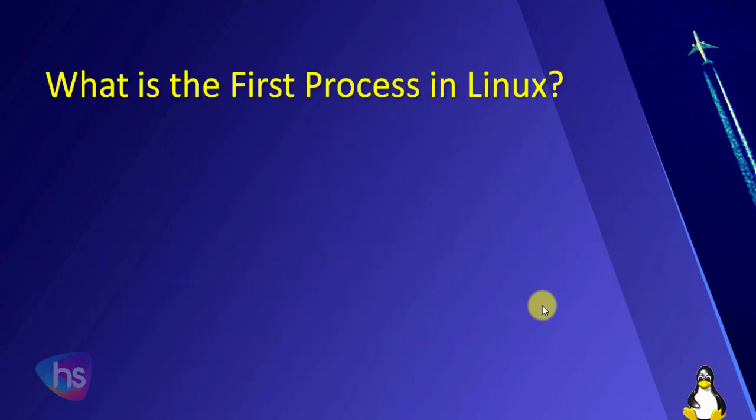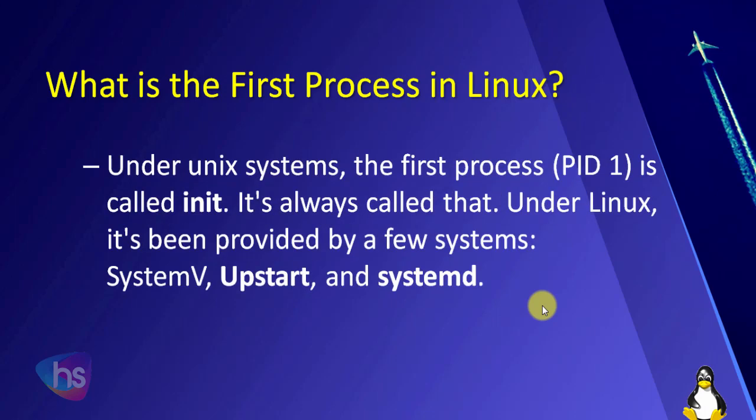What is the first process in Linux? If a technical person is interviewing you, he may ask this very initial question. The first process, PID 1, is always assigned to the init process.